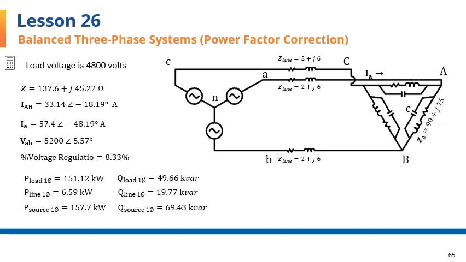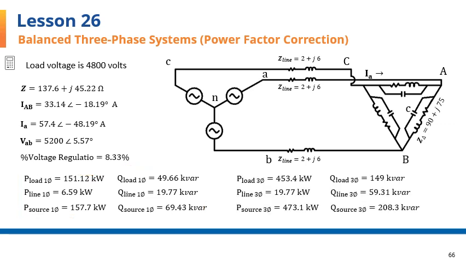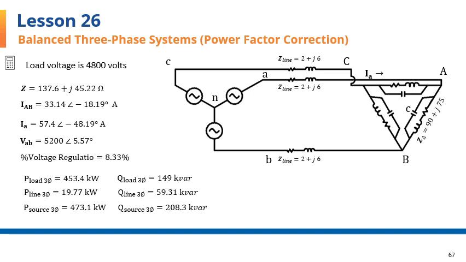Here are the single-phase powers written all in one place. Multiply them by 3, we get the three-phase powers shown here on the right-hand side. And we don't really need the single-phase power, so I'll just remove those and substitute them with the three-phase power.